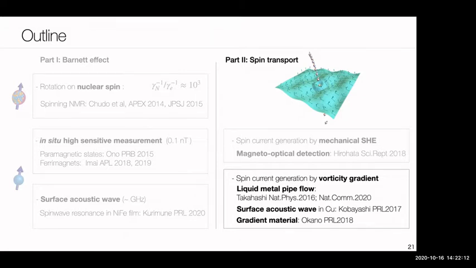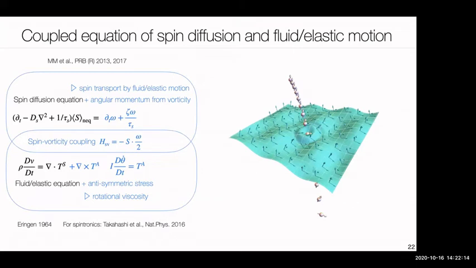In this case, we analyze the coupled equation of the spin diffusion for the electron spins and the fluid or elastic motion for the lattice. These are the coupled equations in the presence of the spin vorticity coupling. In the presence of the spin vorticity coupling, the spin diffusion equation is modified in this way.